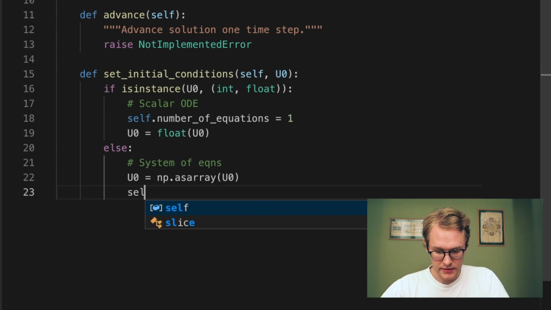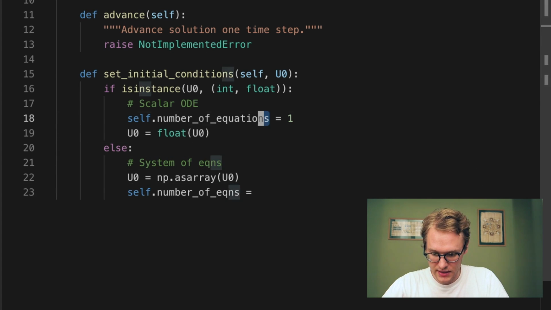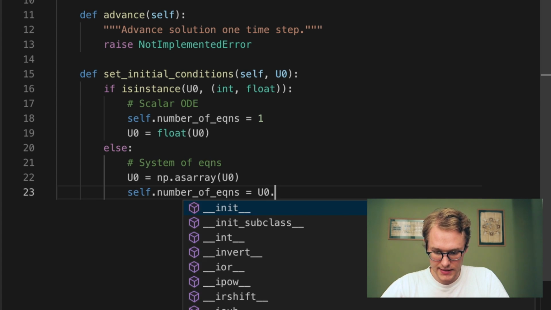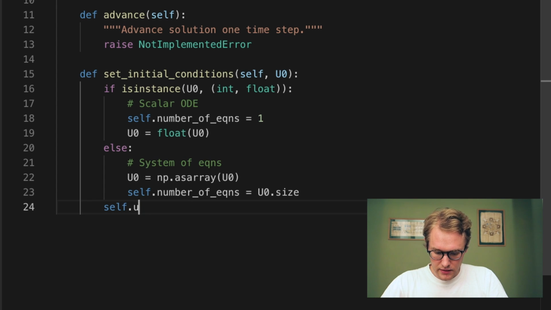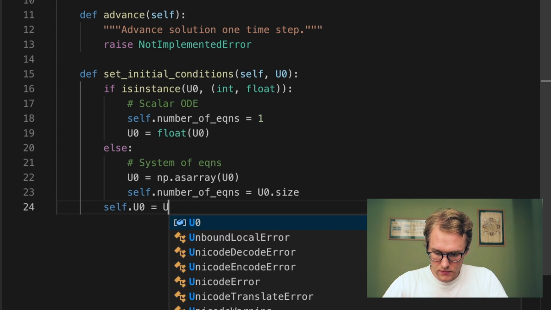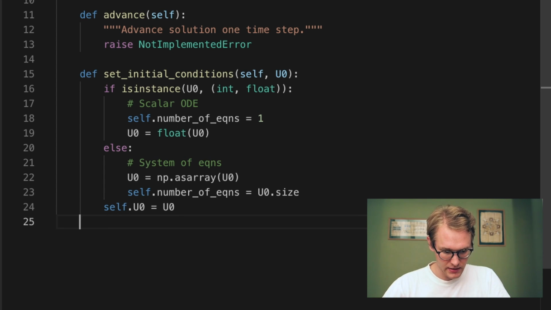U0, and self.number of equations will be the same value, shorthand U0.size. Alright, hope you're all catching on so far. And we'll store this within the class. There you go, that should be it.